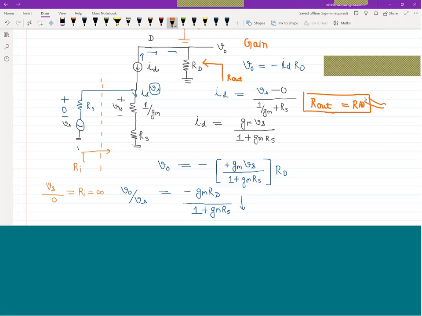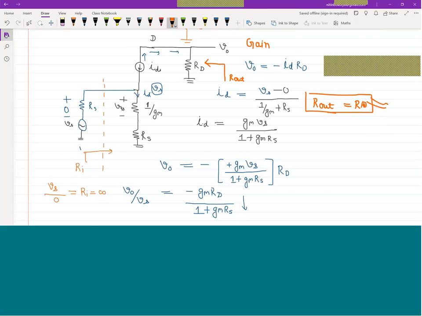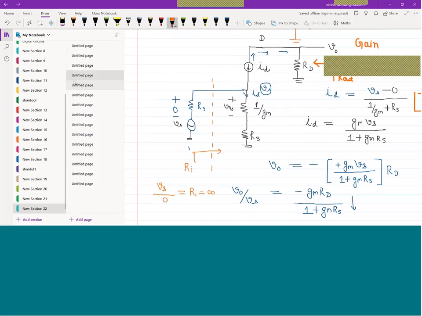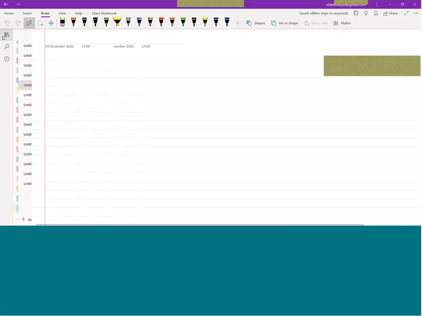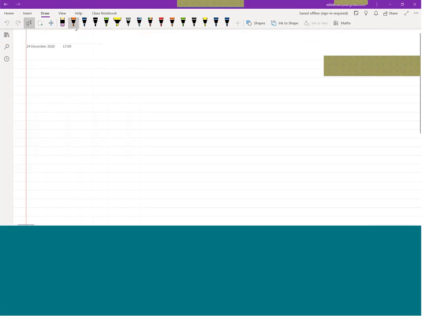Now we are having the next circuit, which is the common gate amplifier. So let's start with the common gate. Maybe amplifier or not amplifier, let's see. But yes, small signal analysis of common gate configuration.